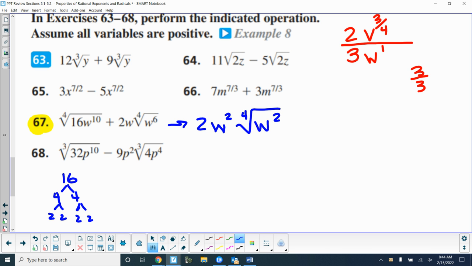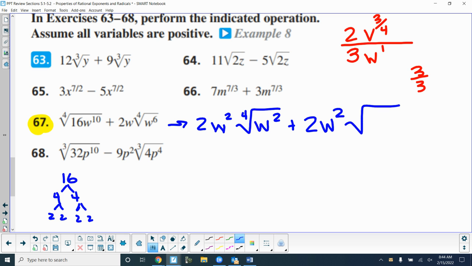Here, all I look at is the 6 W's. How many 4's in 6? 1. So when I pull a W out and there's already a W out front, how many total W's in? 2, right? So I've got plus 2W squared again. And then how many W's were left over when I took 4 of them away? 2, right?